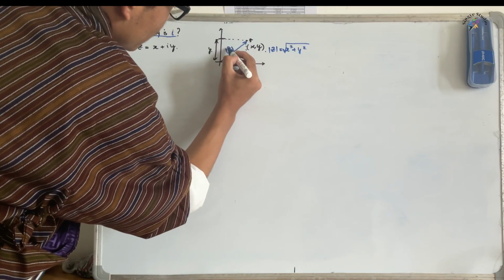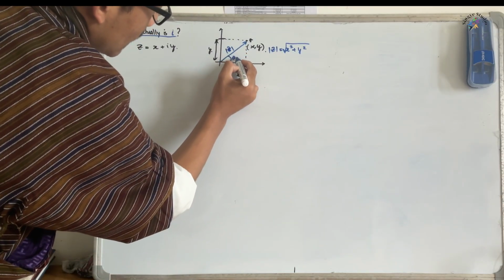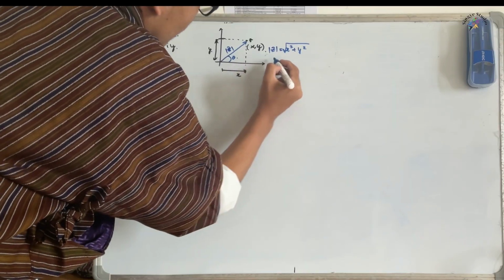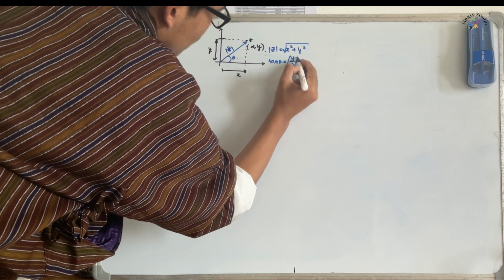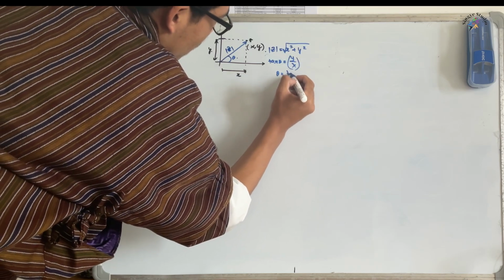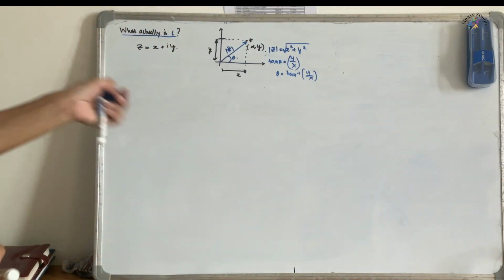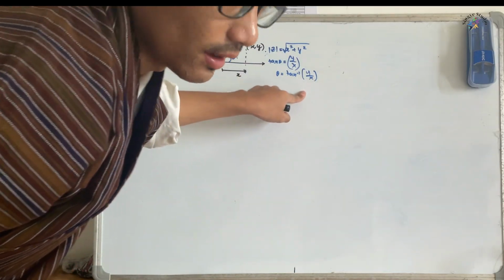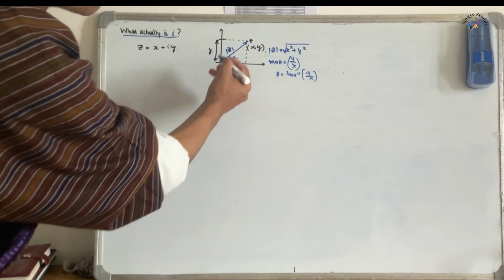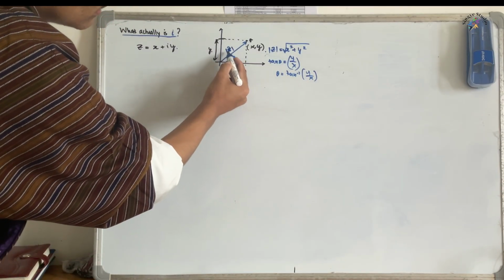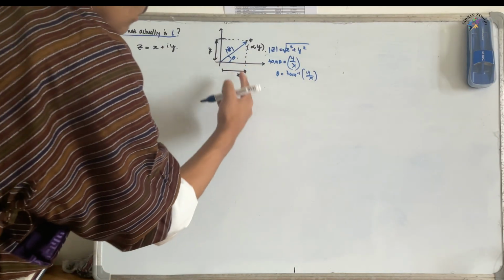Now if we have some angle theta here, then tangent theta equals y by x, and theta equals tangent inverse of y by x. So this is the origin of the angle. Now if we want to express x in terms of the modulus of z and theta, we can take the cosine.